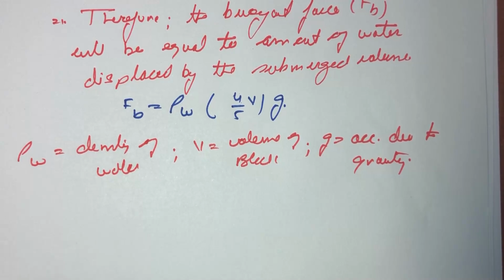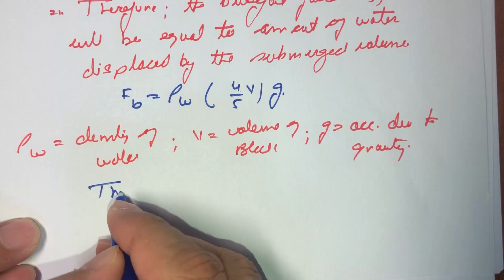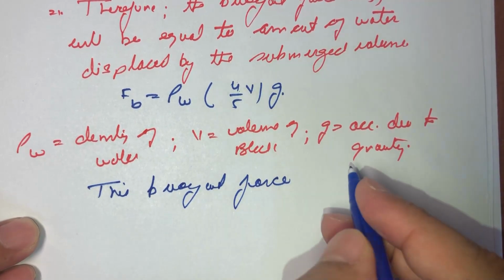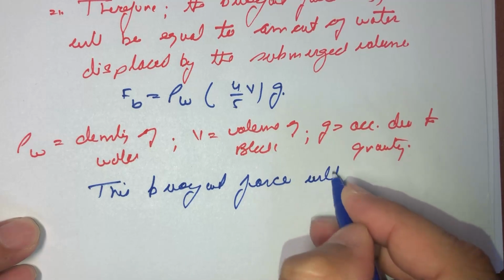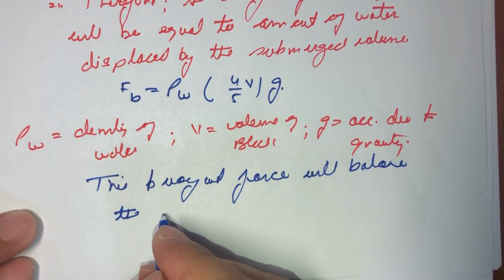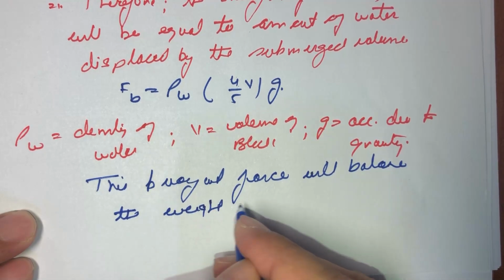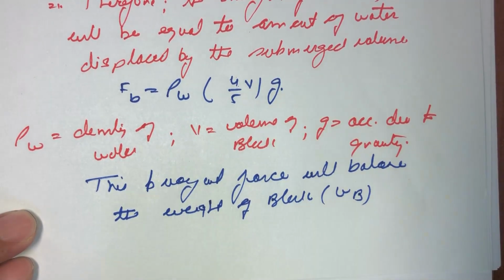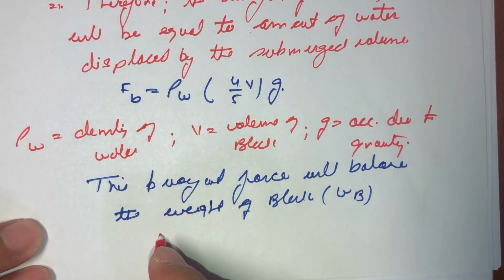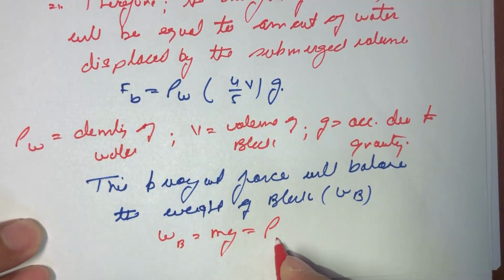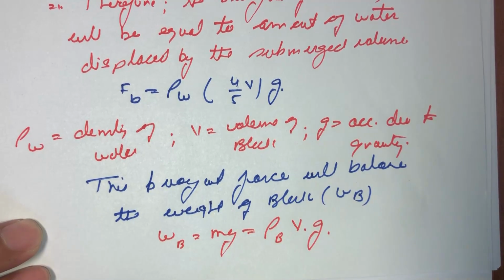And this buoyant force is going to balance the weight of the block. Let us suppose that is given as Wb, and Wb will be equal to mg, and that will be equal to the density of the block multiplied by volume multiplied by g.